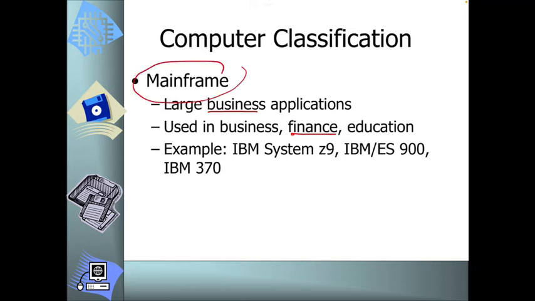And for education, for example in our university, they also use mainframes to store information, for example to handle email. For example, we have the IBM System z9, the IBM ES 900, and also the IBM 370. So this is just an example.